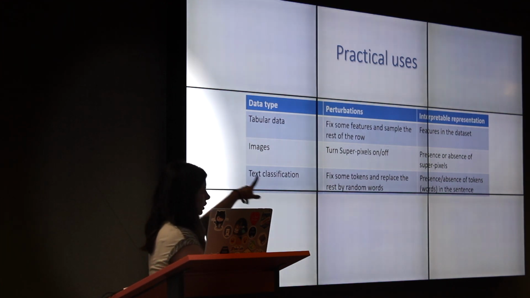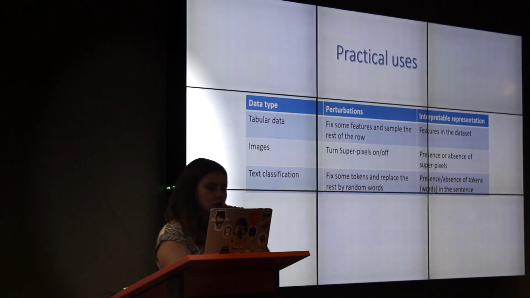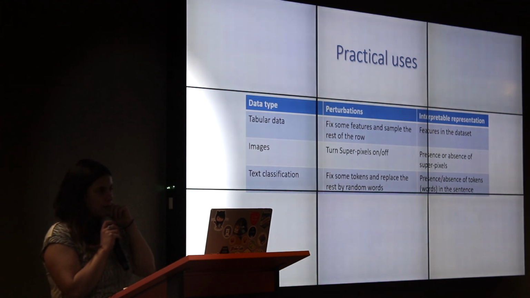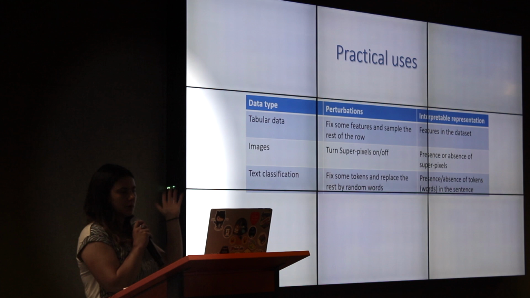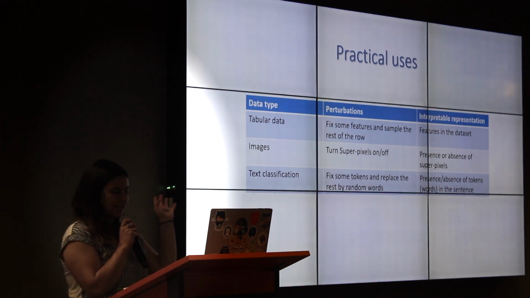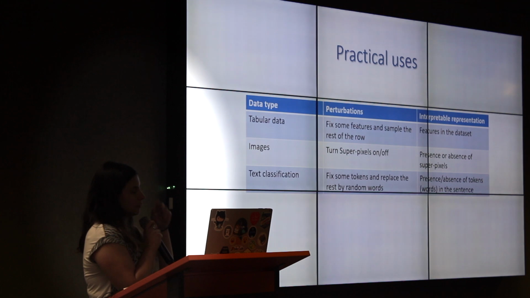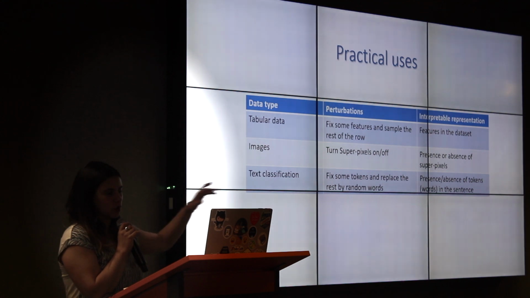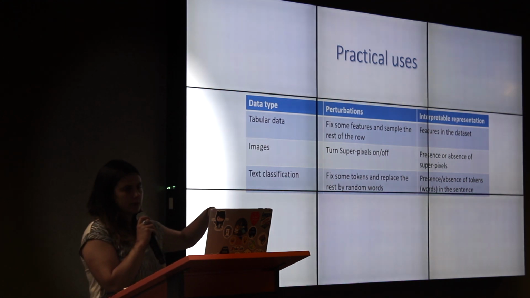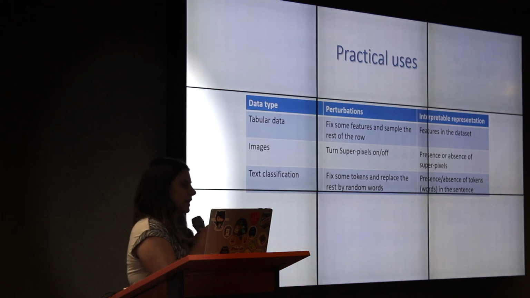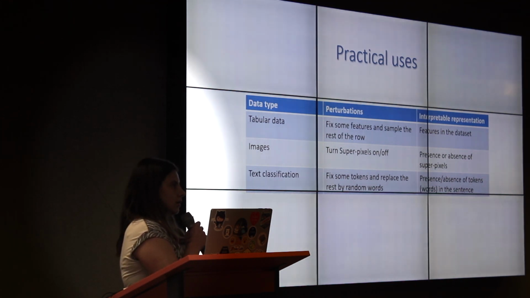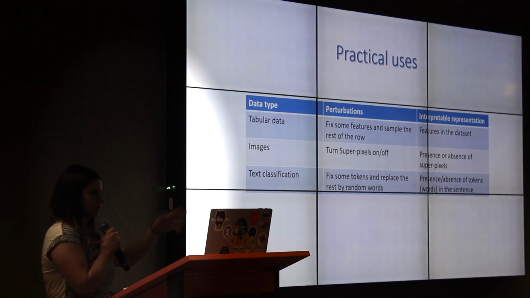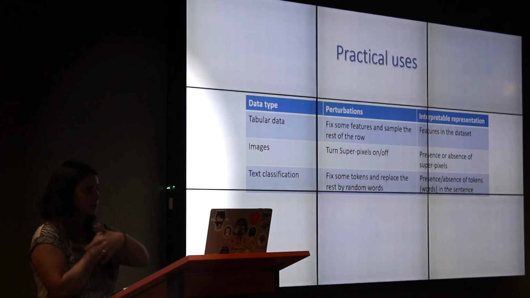The perturbation in this case is fixing some features and sampling the rest of the rows. For example, with a very common data set, the adult income data set, where you have a couple of characteristics and you're trying to predict if the income is below or above 50K, you would fix things like civil status and years in employment, and then sample the rest randomly.